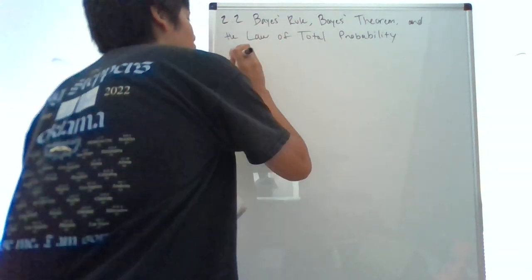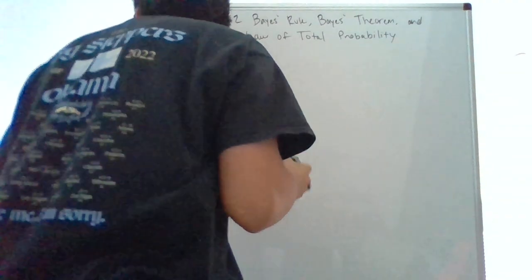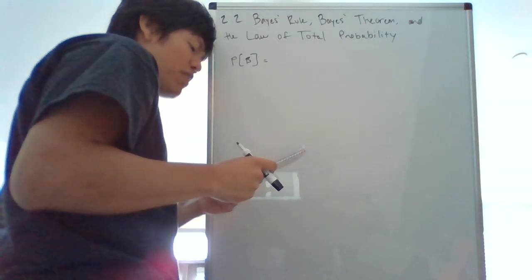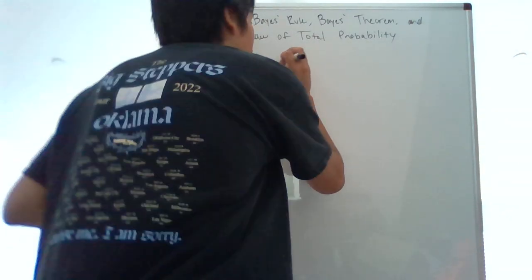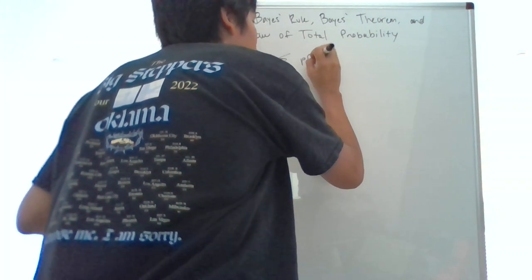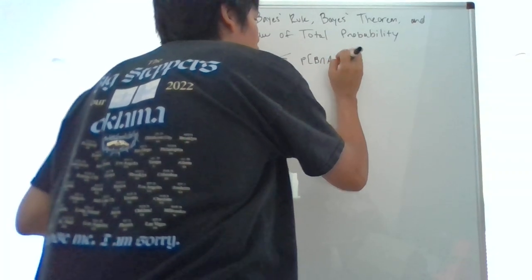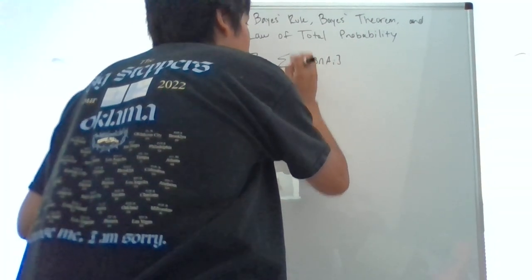If we have event B, the probability of event B is equal to the sum of all intersections of B intersect A sub i, where i goes from 1 to n.